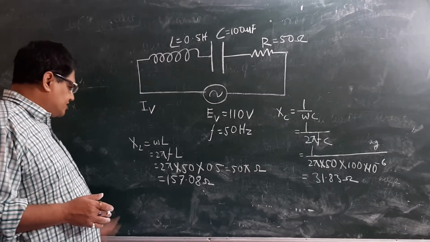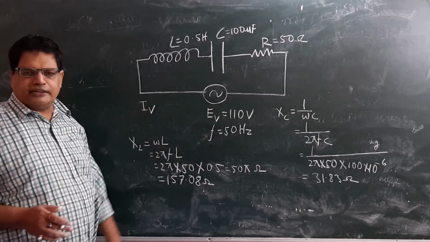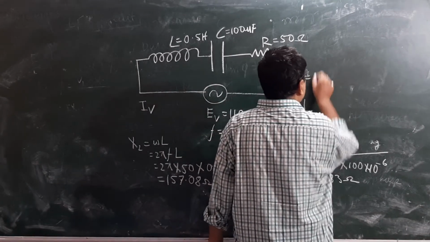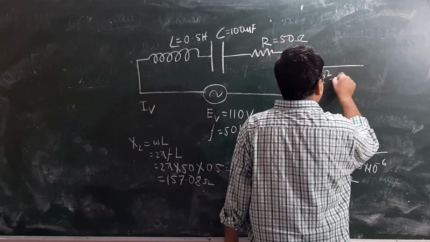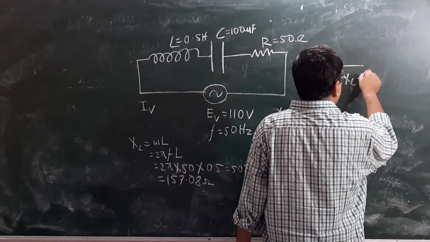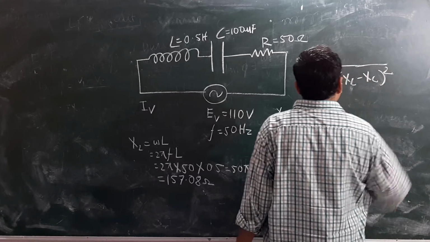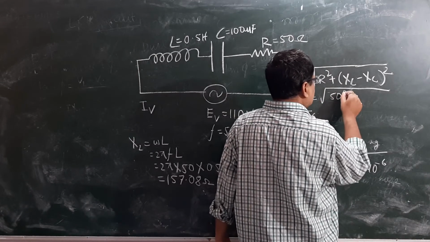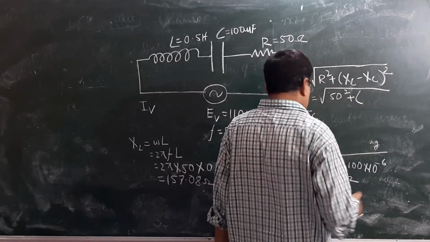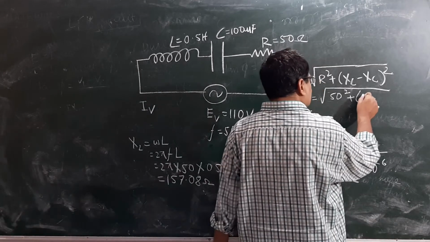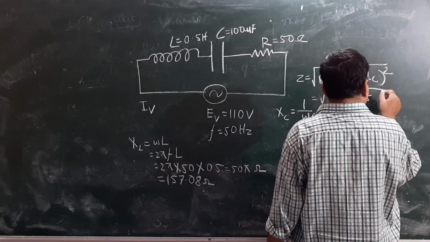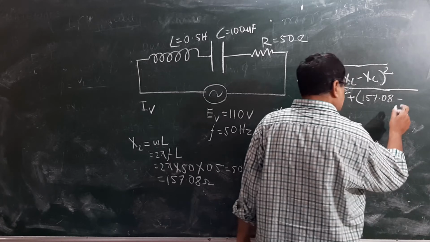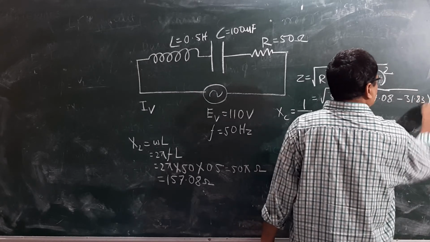So, knowing the value of XL, XC and R, we can determine the impedance. We can write impedance Z is equal to square root of R square plus XL minus XC whole square. Now put the values, you will get 50 square plus XL is 157.08 minus XC, that is 31.83, whole square.